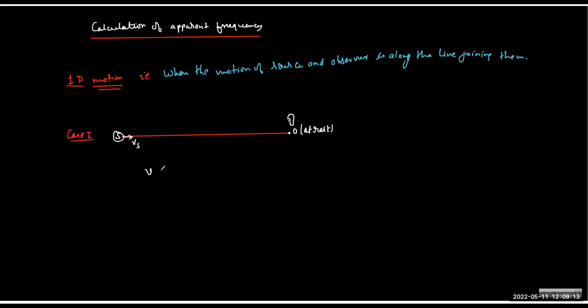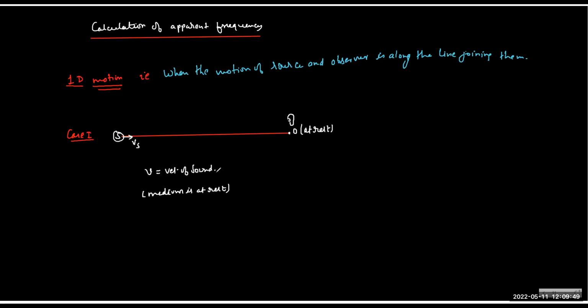We will take the velocity of sound as v, and in all calculations the medium will be assumed at rest. Because the velocity of sound which we have derived is with respect to the medium, right? In air, we don't derive it in the ground. So the velocity of sound, or of any mechanical wave, is always with respect to the medium.